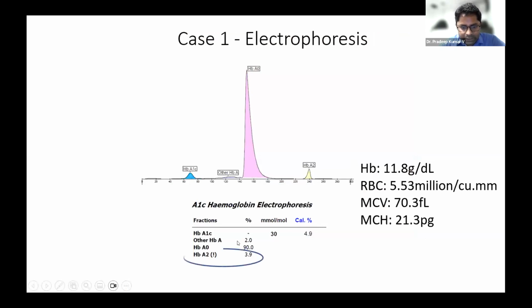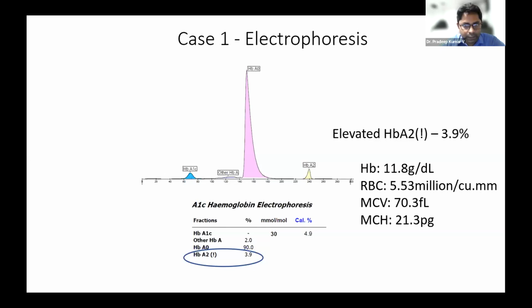Here you can see an exclamation mark beside the A2. The cutoff in this program is usually 3.5, but when we run hemoglobin electrophoresis, we have set it at 3.7. So elevated A2 is there.